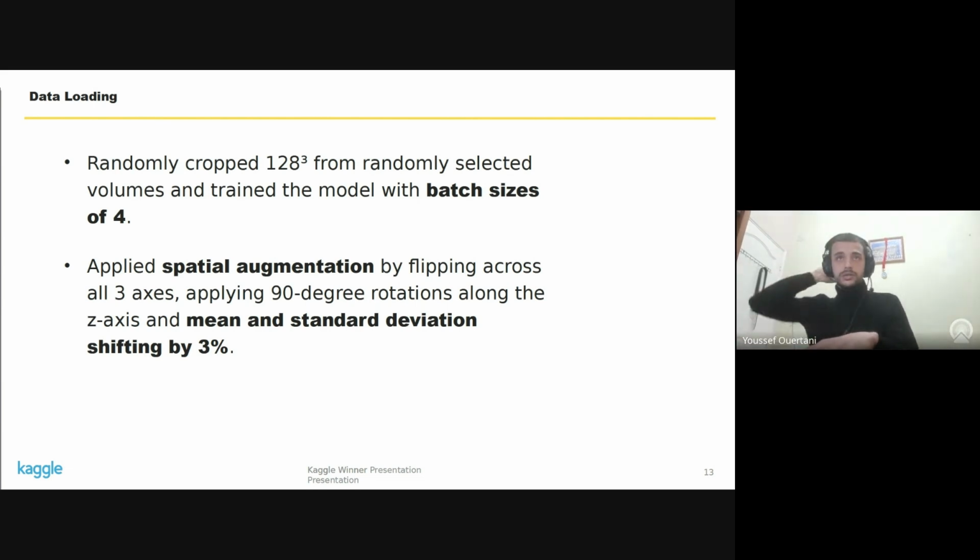Batch size used was 4. For training augmentation, spatial augmentations, we applied flipping along 3 axes and 90-degree rotations along the z-axis. Also, I did apply mean and standard deviation shifting by 3%.